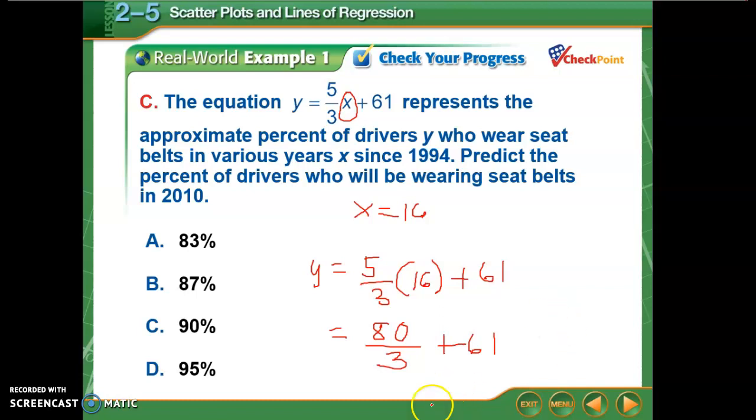So you will get 26.7 plus 61. So your answer is going to be 87.6. Okay? Alright, so the best answer is 87%.